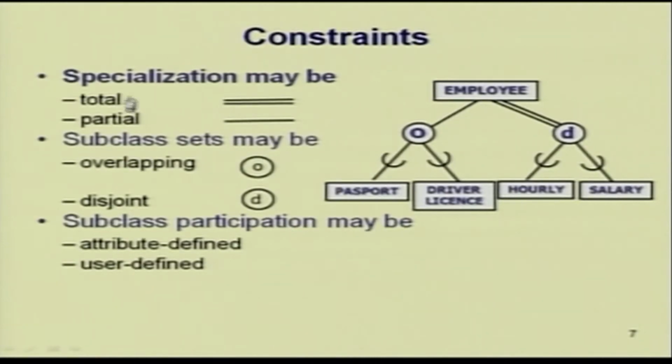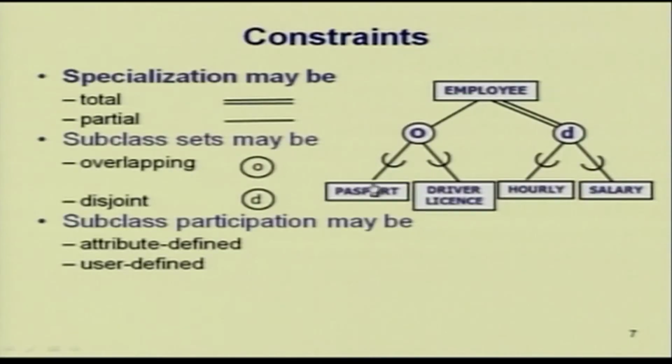Now, look at this, this is total participation. What does it mean? That all the employees either have an hourly based salary or are salaried persons. And whoever is hourly cannot be salaried, that is what is meant by disjoint, that is, these two subclasses cannot have common members, and this means that all employees have to take part either in hourly or in salaried. So, the specialization is total and it is disjoint.